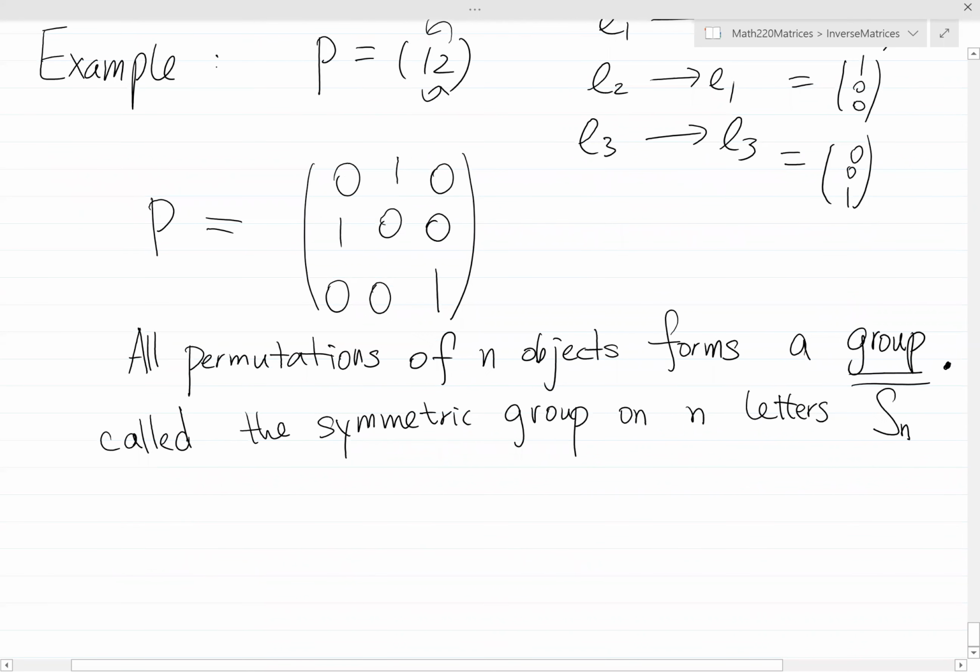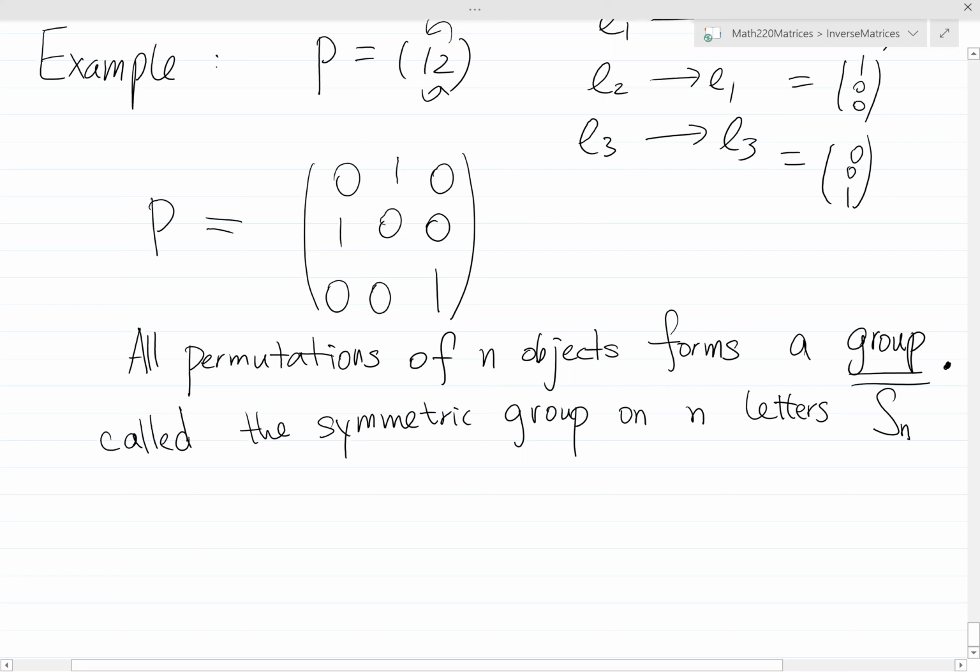The symmetric group on n letters is one of the most important objects studied in group theory. Most of the important properties of this symmetric group are already known, well studied in group theory.